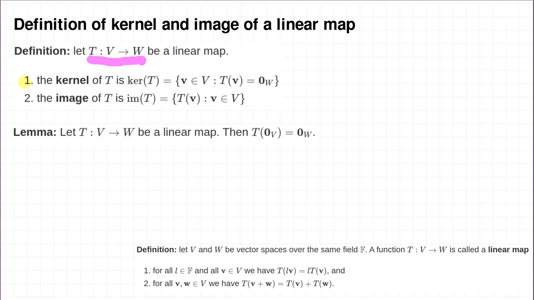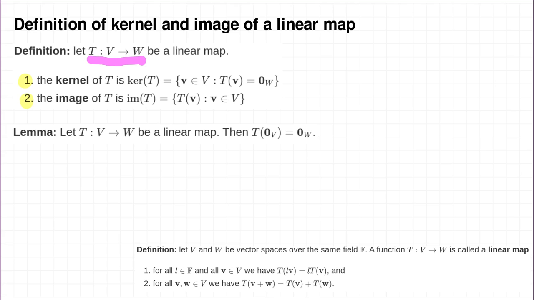Then we define the kernel of T to be the set of all elements of V which T maps to the 0 vector in W. And secondly, we define the image of T just to be the usual definition of image of a function.